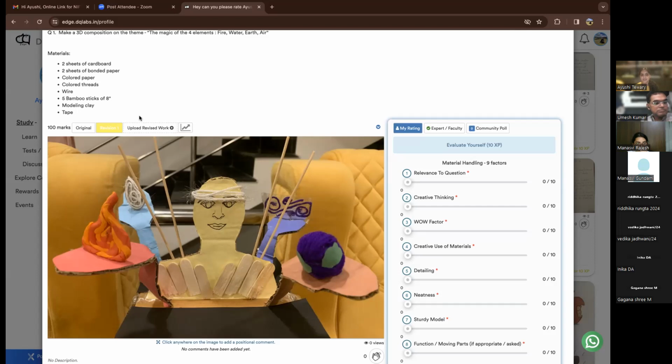Modeling clay is there in the materials given, but I did not have clay. That would have been easy. And to show the ring around the person, I could have used white paper and made it a little broader and away from the head. Then it would literally show like a ring.